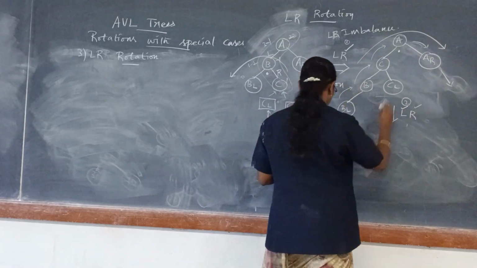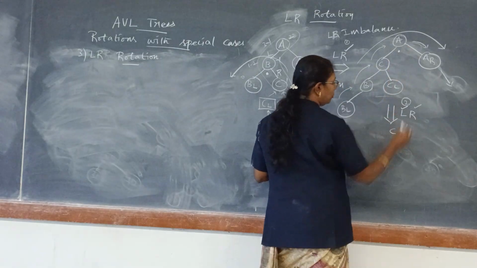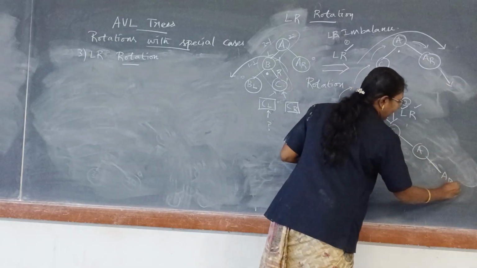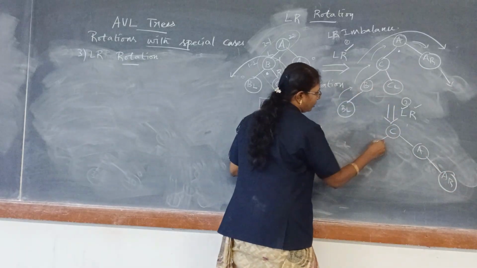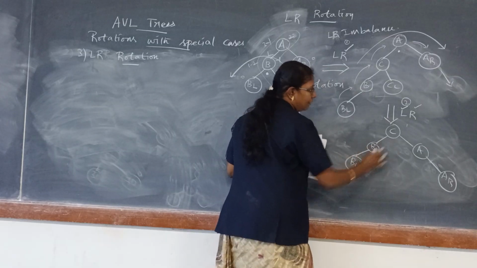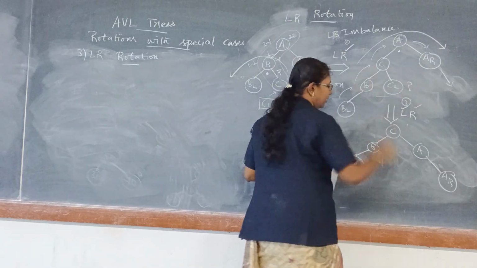So C will be the root node with A and AR as its right subtree, and B and BL as its left subtree.